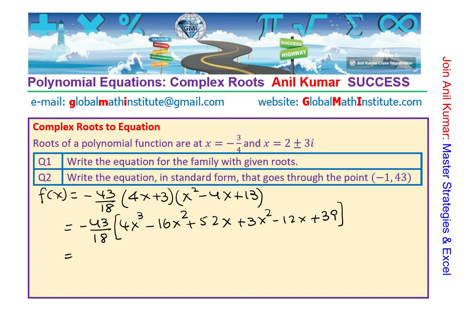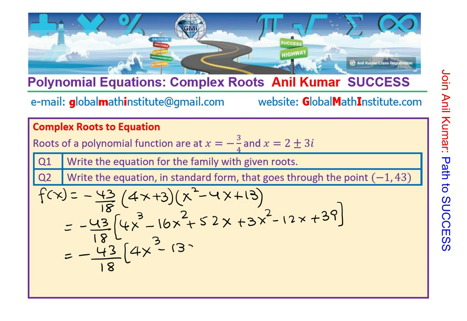Correct. Now let's combine the like terms. 4x cubed; minus 16x squared plus 3x squared gives us minus 13x squared. Now the x terms, we have 52 minus 12, which is 40x, and the constant term, which is 39.